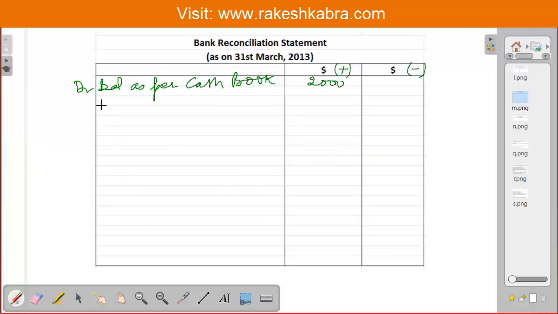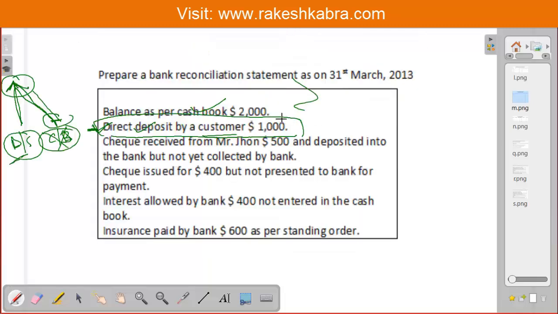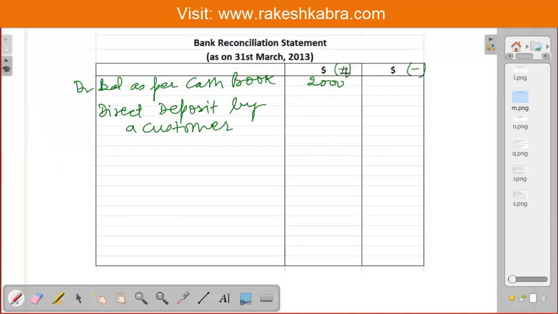So I will write here direct deposit by a customer, and I will add this amount, and the amount is 1000. So that's why I will write this amount in this positive column, as I have to add this figure.